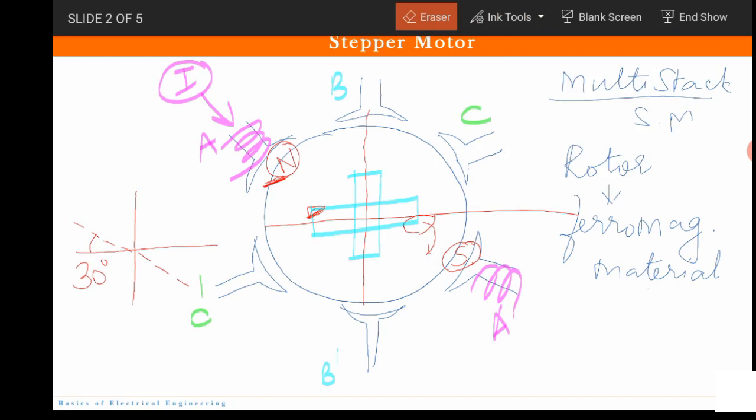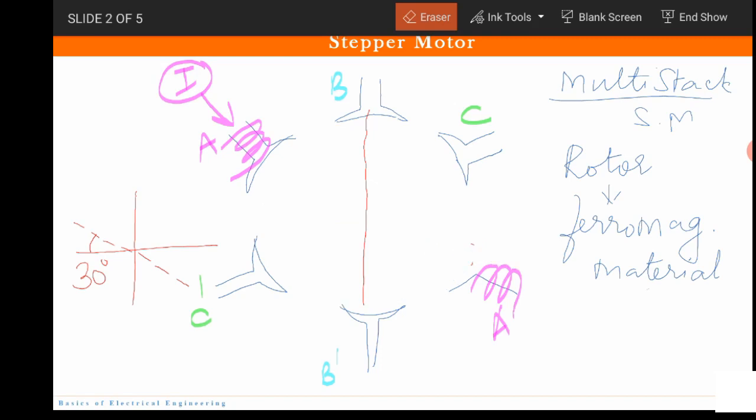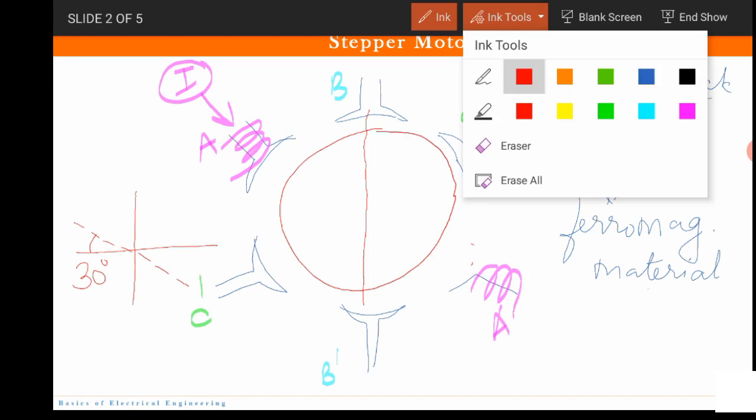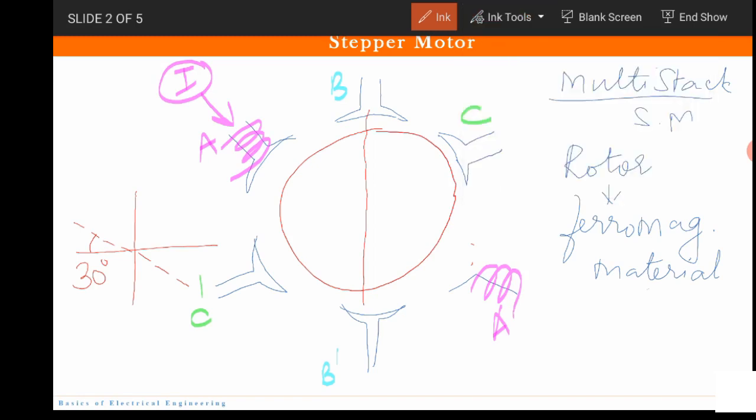Okay? Yes. So here is our stator. Next part, we are going to see the next thing. And yes, this was the case.